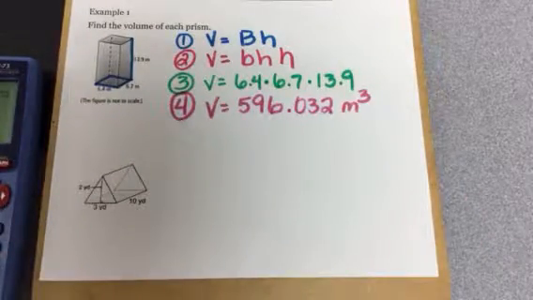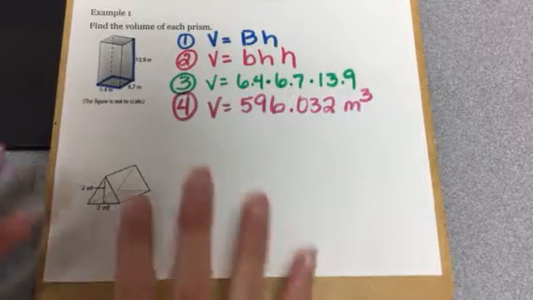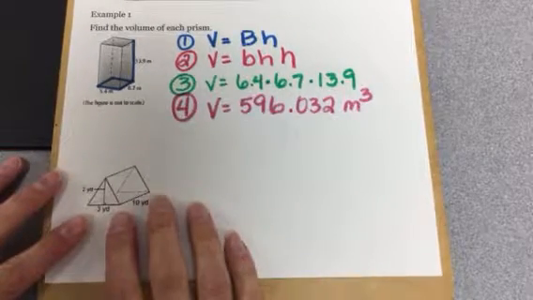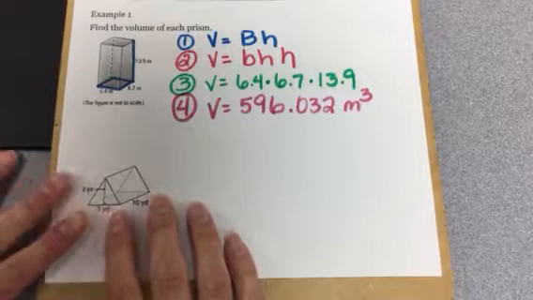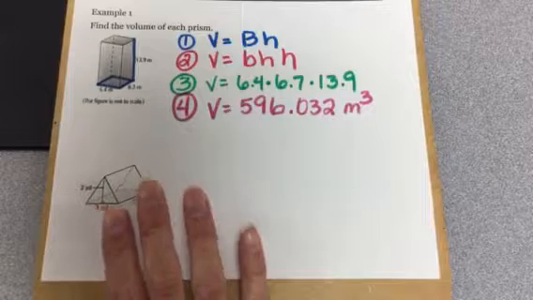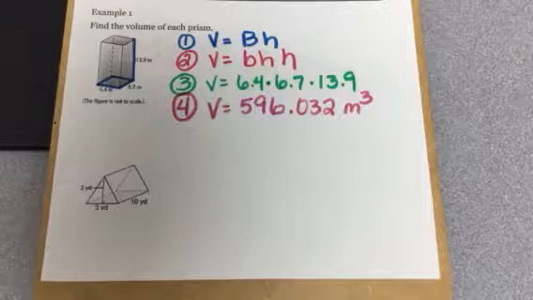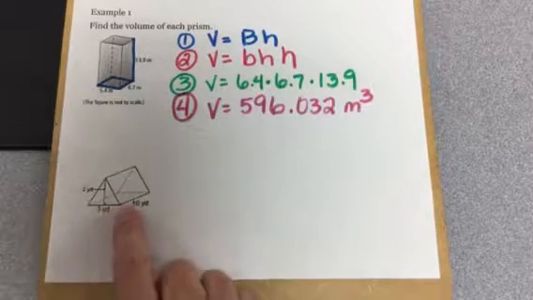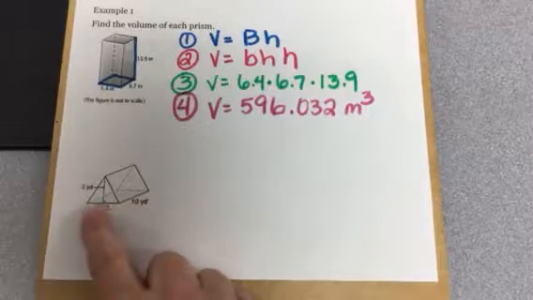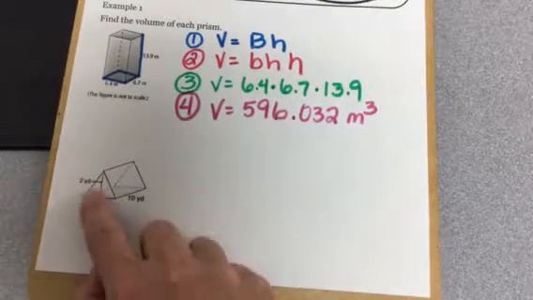Okay, now we go to number 2. Step 1 is going to be to write the formula. So we have to decide what kind of figure that we have, and then we can match the formula to it. So the figure that I have here has the base in the shape of a rectangle. No, it has the base in the shape of a triangle.